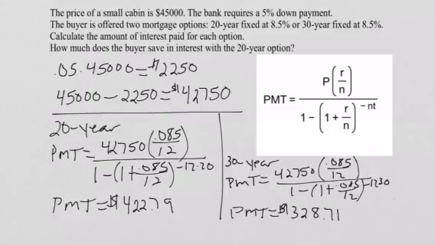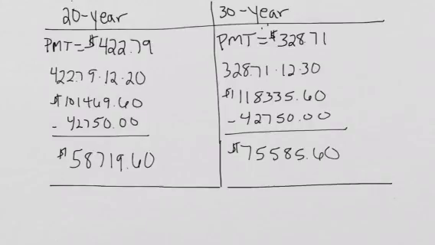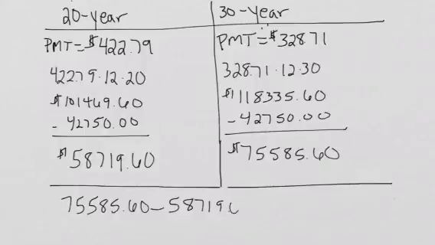Now, go back to the question. The last question said, how much does the buyer save in interest with a 20-year option? So if we subtract these two amounts now, $75,585.60 interest for the 30-year minus the interest for the 20-year, $58,719.60, we get a total amount of $16,866.